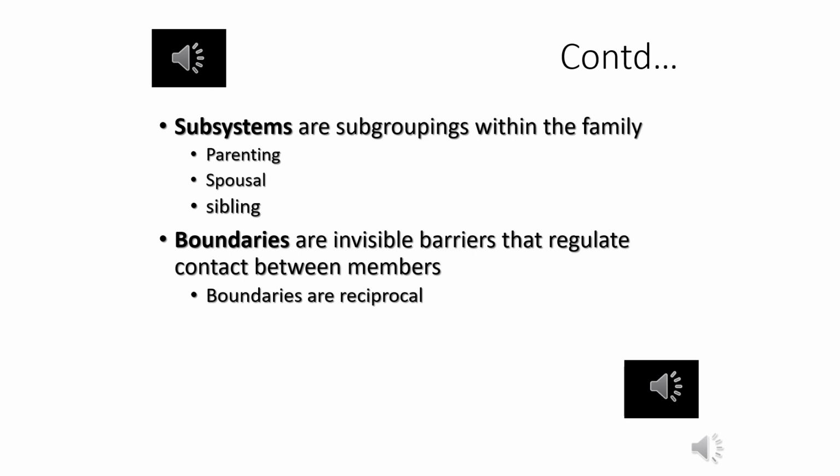Similarly, we can have another example where there is a father who is very close and enmeshed with the older son, who plays with him and goes out with him, but is disengaged from the daughter, who is not interacting much with the father, due to which there is a possibility that she is depressed and secretively harming herself by making cut marks on her wrist or some part of the body.